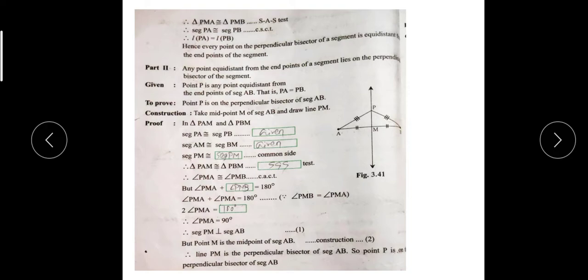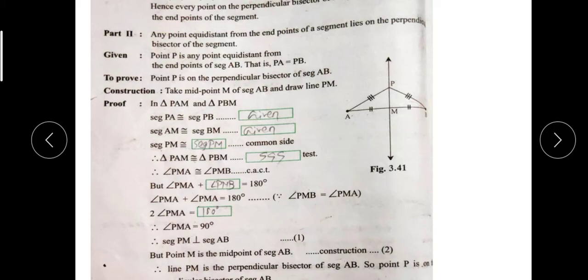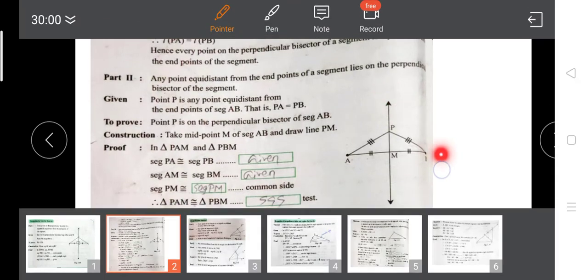We have to prove that P is on a perpendicular bisector, means PM is perpendicular to AB. Very simple. It is the converse of the perpendicular bisector theorem, if you are observing. What is given here? Given, all of you know very well now. What to prove? We have to prove that P is on a perpendicular bisector. It means that we have to prove that PM is perpendicular to AB.